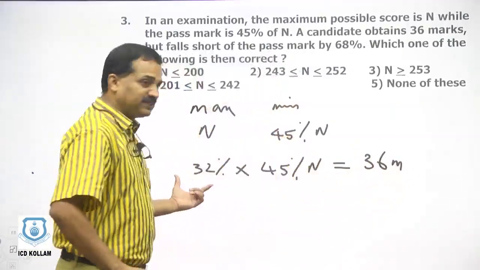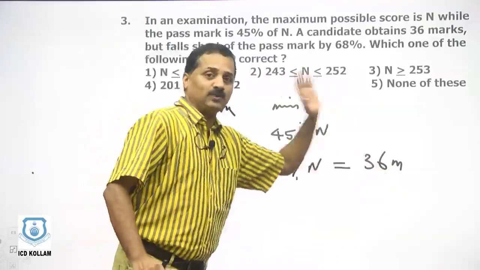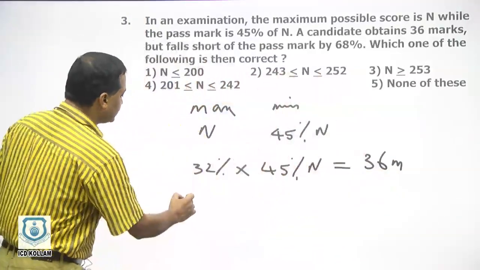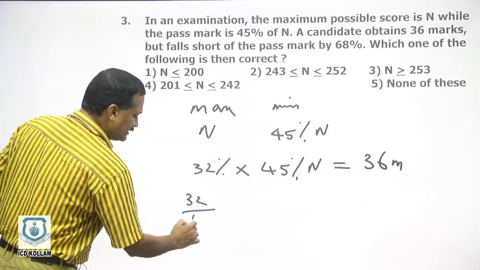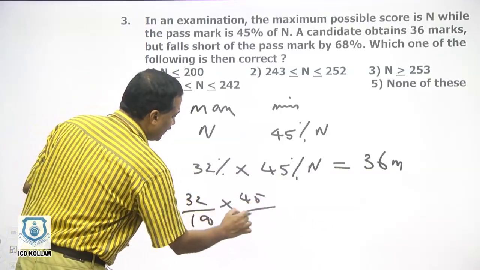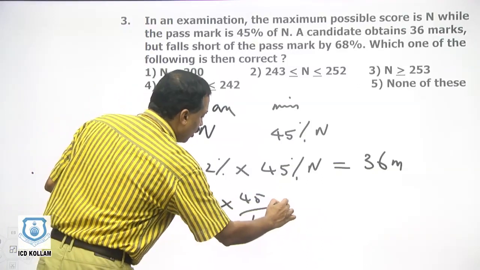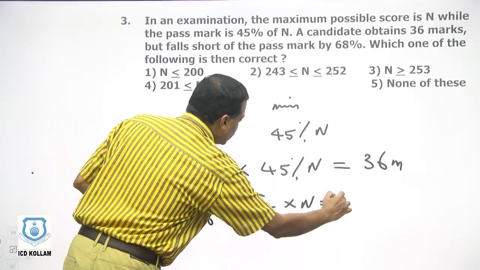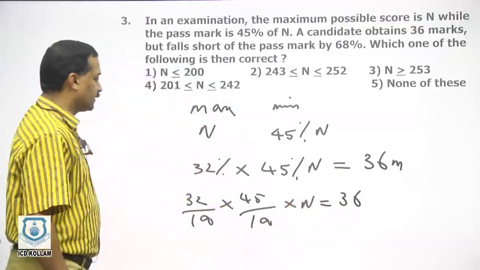This is representation in percentage, this is actual. So 32 divided by 100 into 45 divided by 100 of N is equal to 36 marks.